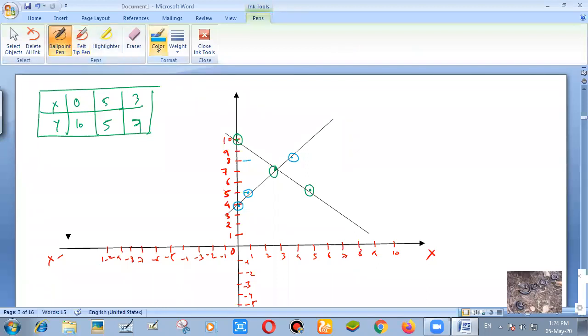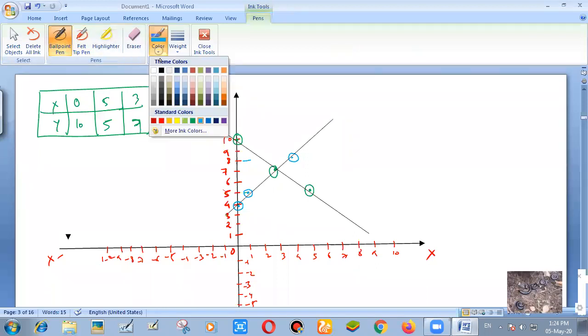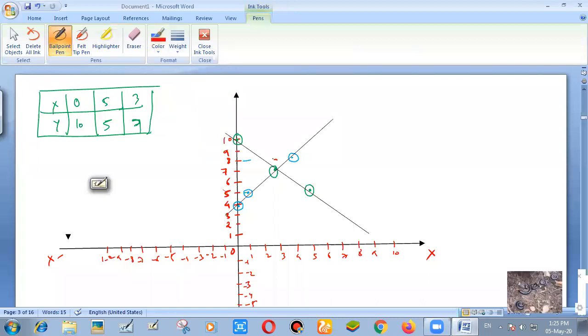Yes, these 2 points will join here, intersect at this point. And what is the coordinate of this point? 3 and what? What is the value of x? That means 3. And what is the value of y here?